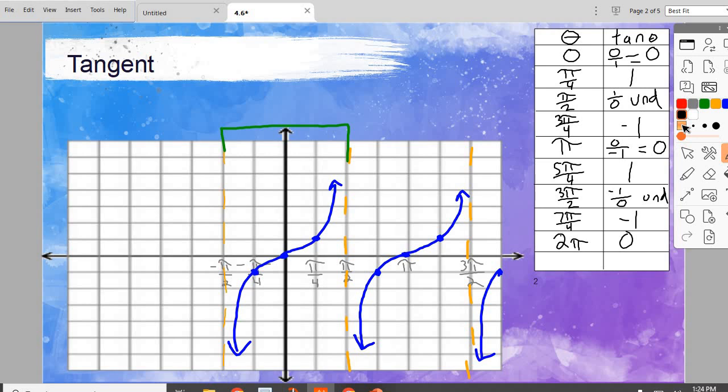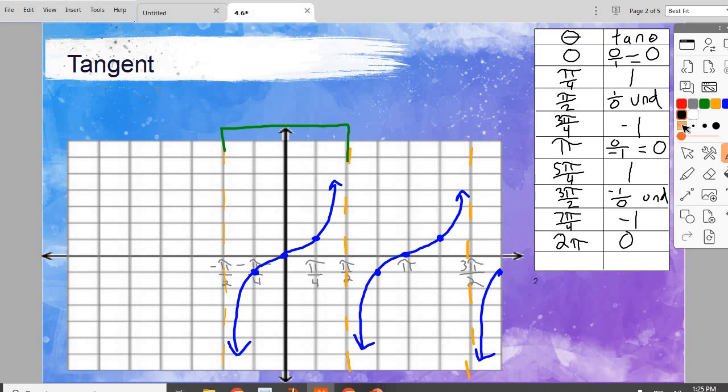Now, what do we notice about how often this repeats itself? How long does it take to repeat one cycle of values? What did I label my units as, though? By pi over 4. So if I have 4 of those, how many pi's do we have? 1, right? Because I would have 4 pi over 4.